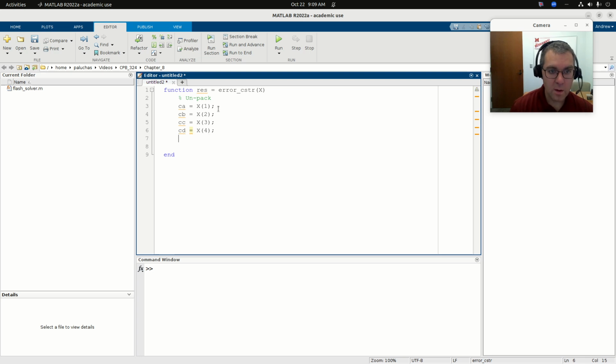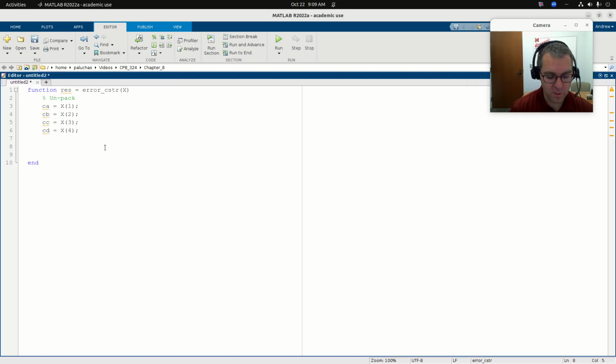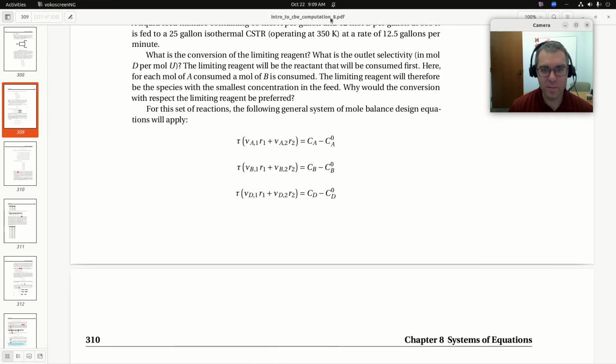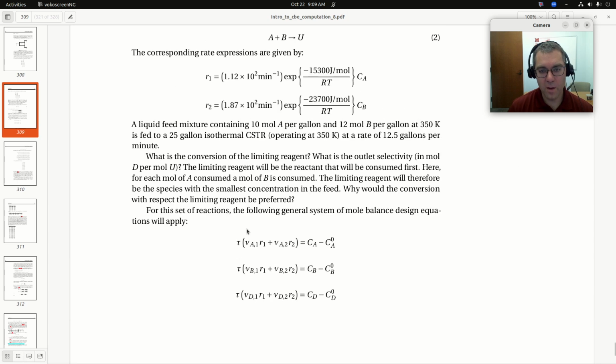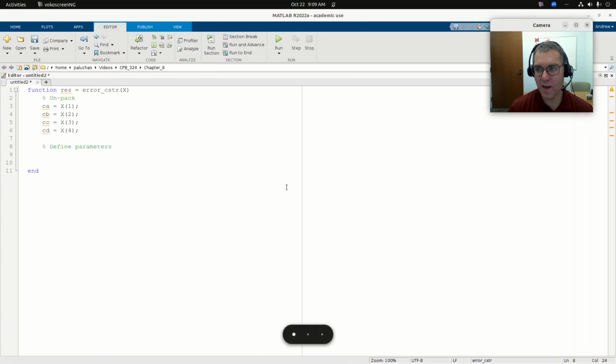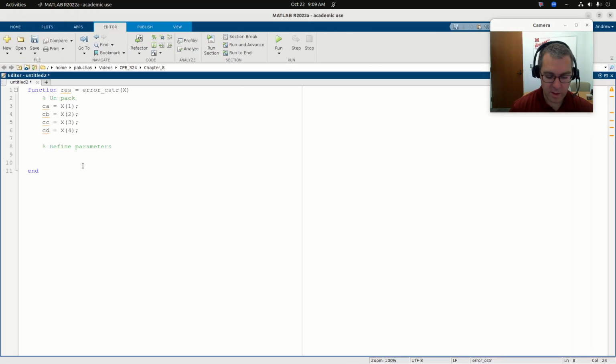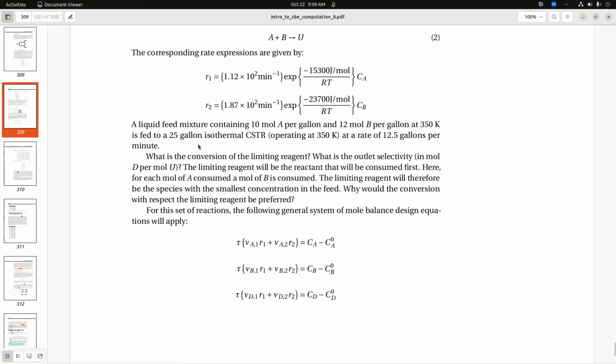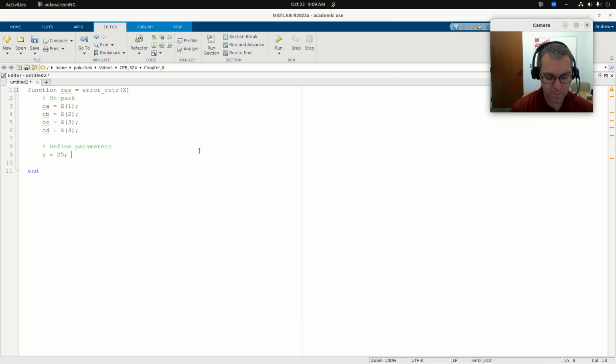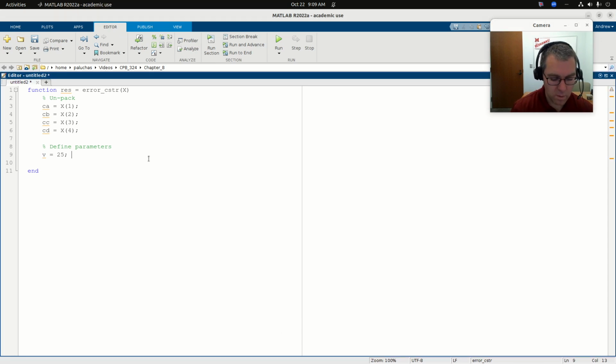The next thing I'm going to do, let me make this full screen, is define my parameters. What do I mean by that? What parameters do I have? Well, I'll be able to compute tau. So in terms of tau, V was 25, did I get that right? Yeah, V is 25. So that's my volume in gallons.